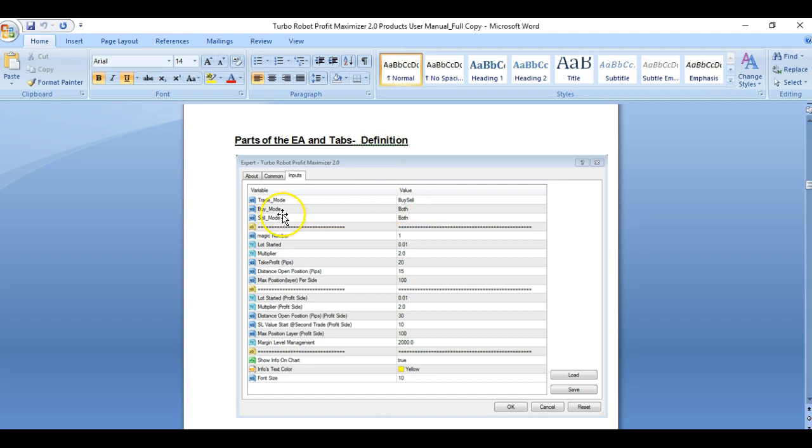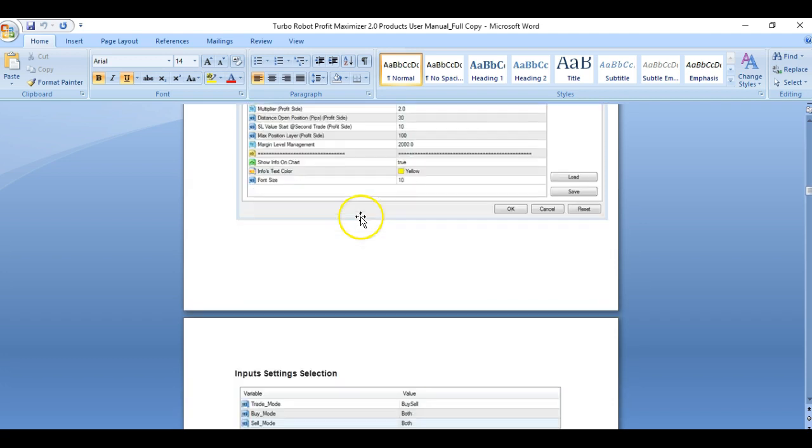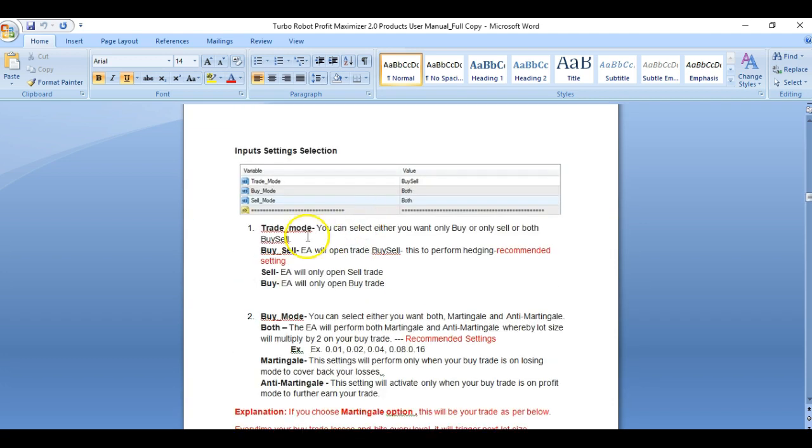Alright, so on trade mode, I think it doesn't explain over here. You can select either you want only buy or only sell, or buy and sell, where your EA will be buy and sell trading. Alright, so this performs hedging. This is the reason why we have buy and sell put together to perform your hedging.